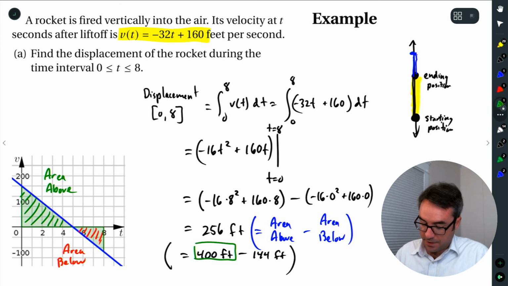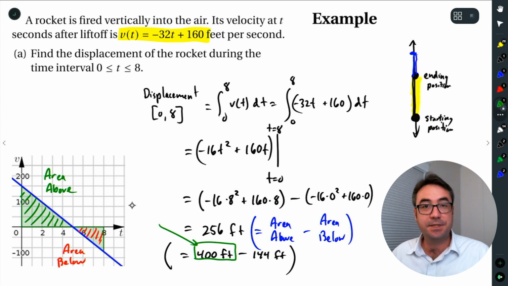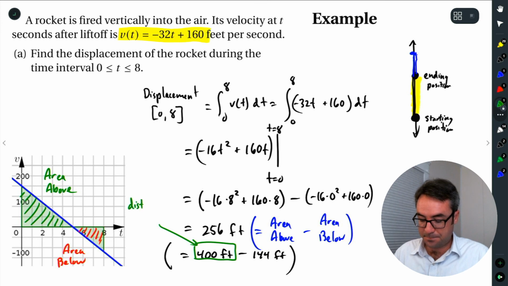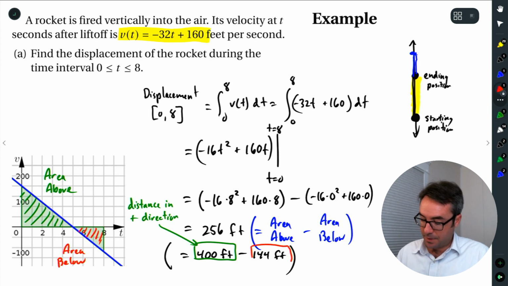So this 400 feet represents the distance we traveled going up. And the 144 here represents the distance in the negative direction.